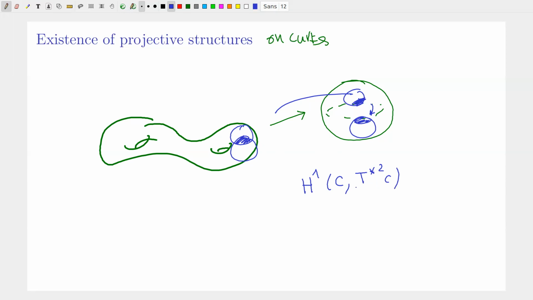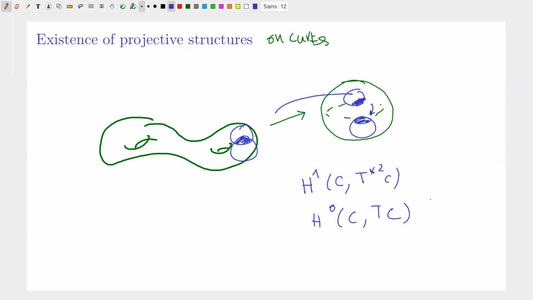So it is easy to see that the cohomology class of this cocycle vanishes if and only if we can correct these charts we're given by some mappings in order to get compatibility. So actually this is, by Serre duality, equal to the H0 of C with values in the tangent bundle of C.